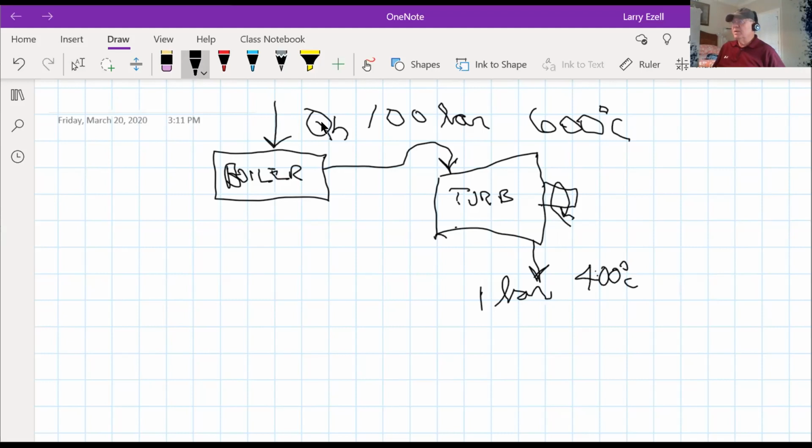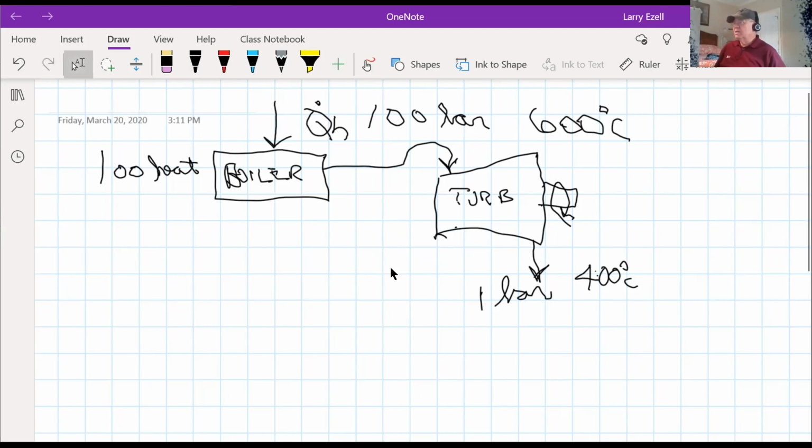Let's say we're putting in 100 units of heat. Now, that could be 100 kilowatts, 100,000 BTUs per, by the way, that's a rate too. Put a dot over it. But let's say it's 100 units a minute.